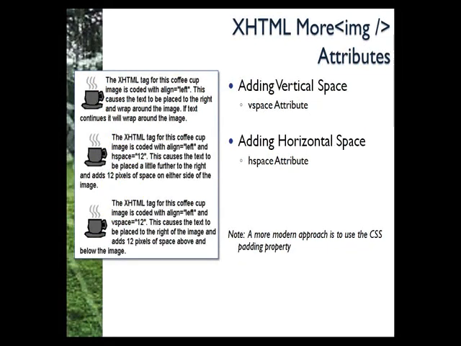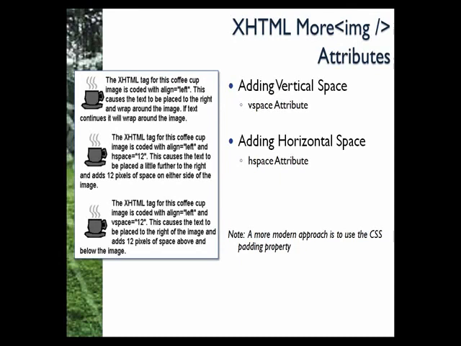We've got the ability, there's what's called vertical space, which is the space above and below an image. And we've got the horizontal space, which is the space to the left and the right. Those are, again, attributes that you give to the image to control how closely things get to it.